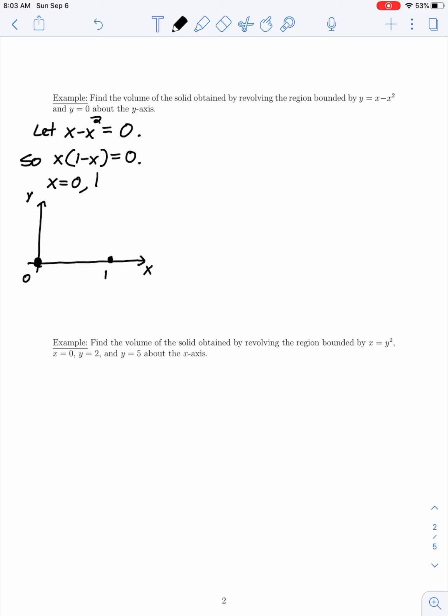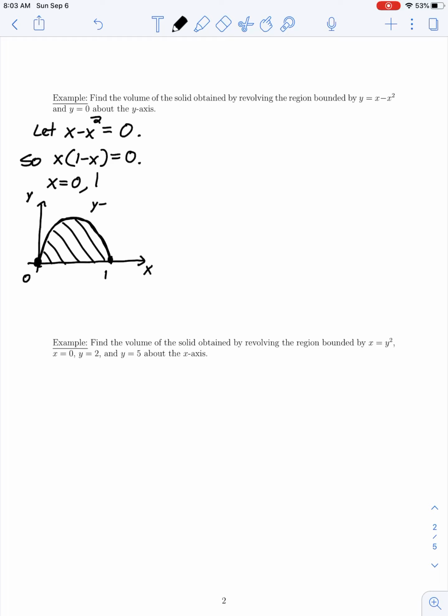And our other curve was y equals x minus x squared, which is a quadratic in terms of x, which has a negative x squared coefficient. So in general, the curve is shaped like a downward opening parabola. So it looks something like this. So my region of interest is this shaded region shown here.